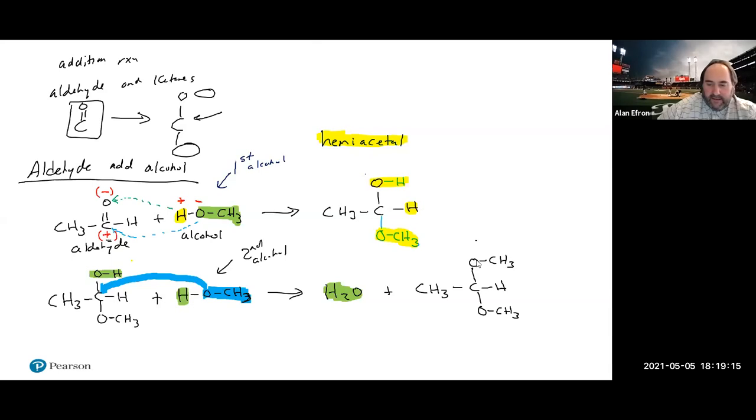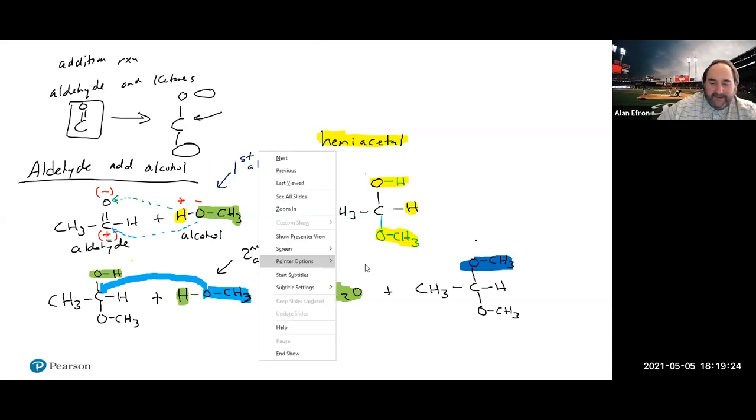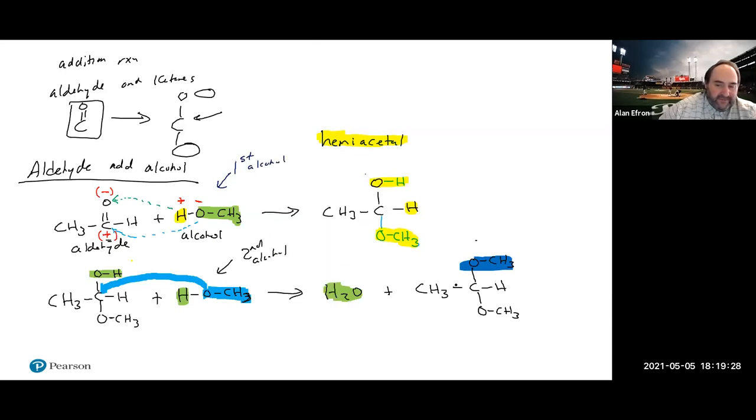Question on that there. Now, what I just made here is another important type of compound. This is what is known as an acetal. What is the difference between the acetal and the hemiacetal?